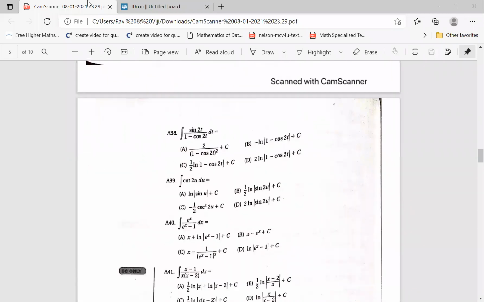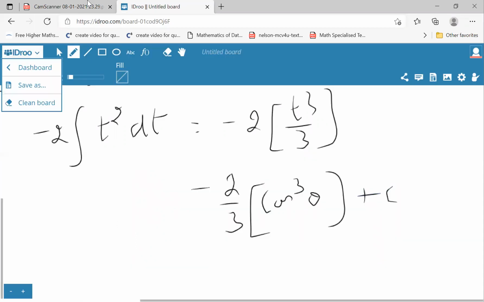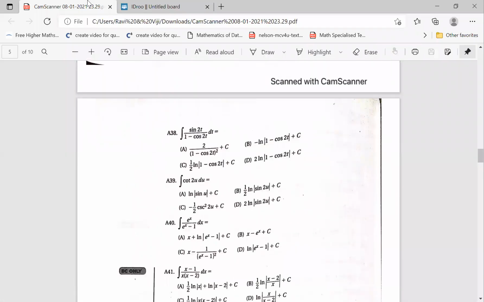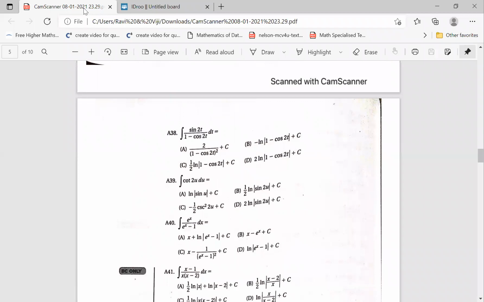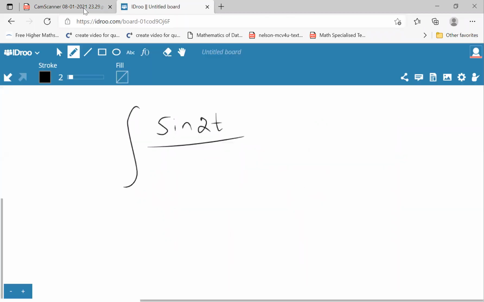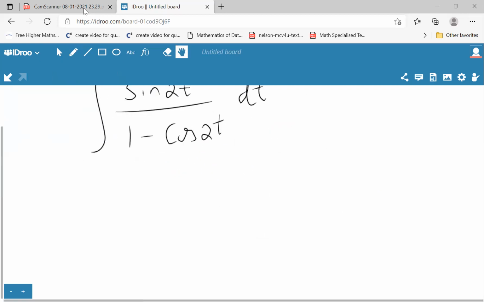Next is 38. Integration of sine 2t by 1 minus cos 2t. This is an interesting question.